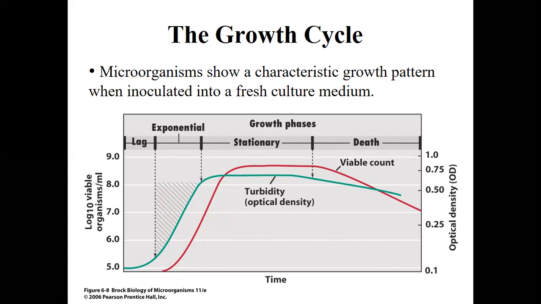All the nutrients are available because the growth media is not utilized yet, so the microbes will multiply again and again, from 2 to 4, 4 to 8, 8 to 16, 16 to 32.